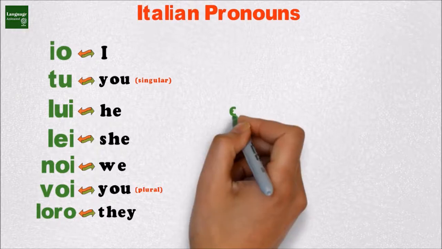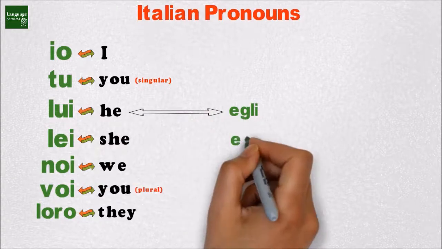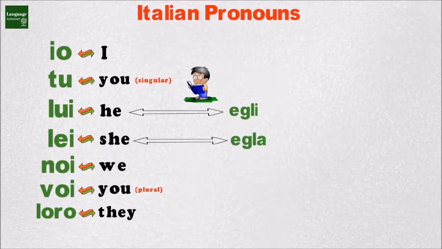Just remember, we also have egli instead of lui, and also we have ella instead of lei, but they are not used anymore except in the books. You just need to remember them. Maybe you will see them in the textbooks or somewhere else in the future.